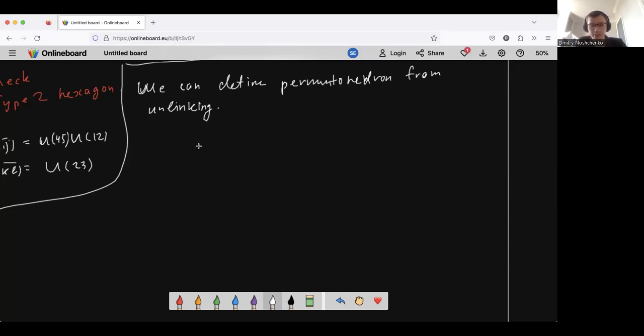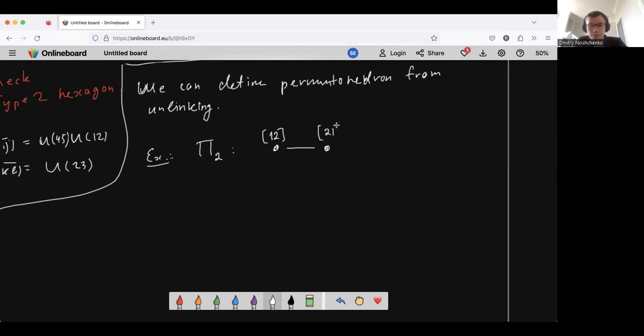So, let's just consider an example first. If you have permutohedron pi 2, maybe I need to use square brackets, so this is just the notation of permutohedron. We have nodes which are organized by these tuples.